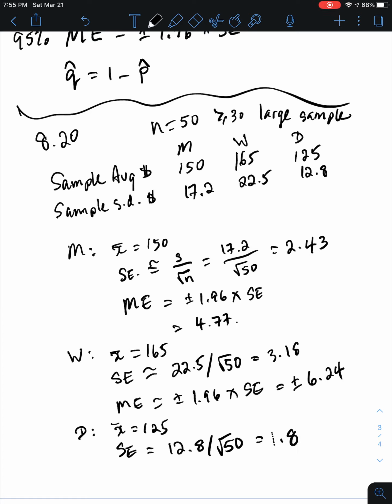Oops. And margin of error is 1.96 times the standard error. That is 1.96 times 1.81. 3.55.